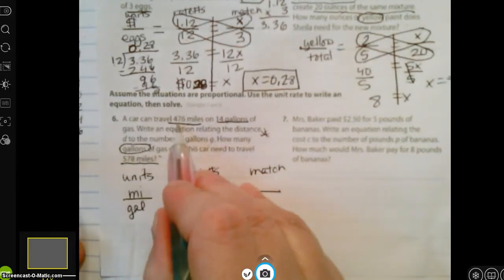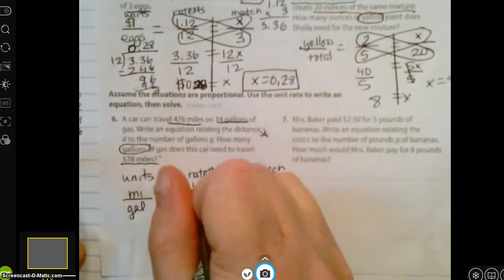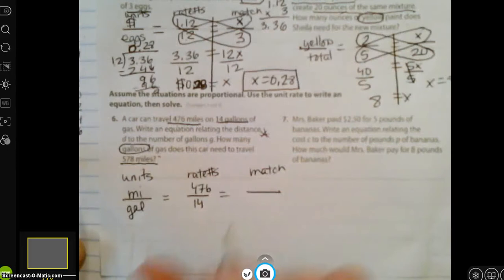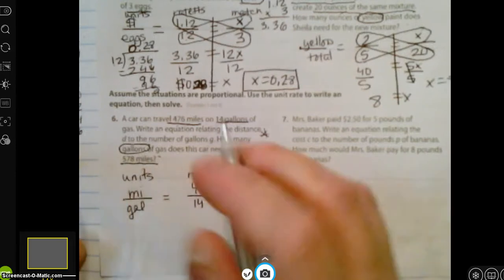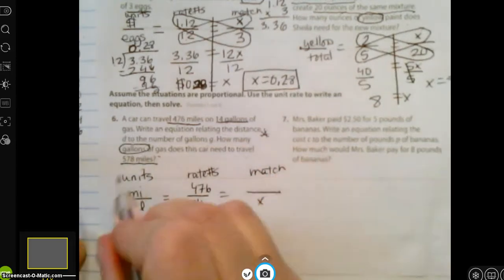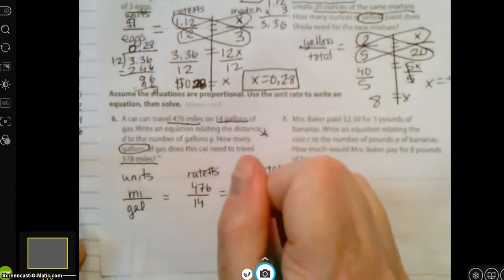How many miles? 476 with 14 gallons, okay? Now remember, we're skipping the middle part. I'm sorry, I don't think we're quite ready for that yet. How many gallons? I don't know the gallons for 578 miles. And that matches. Miles, miles, miles. I'm looking for gallons, okay?